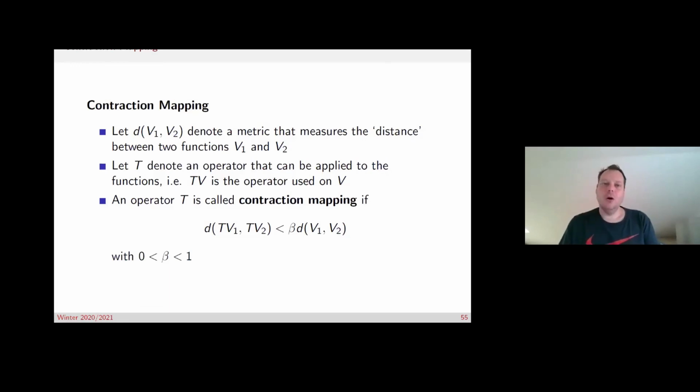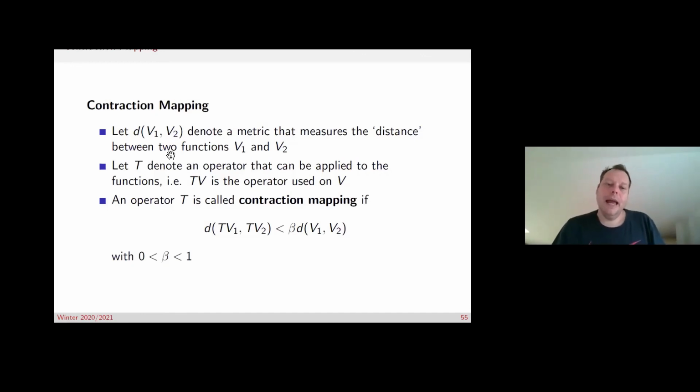So think of 2 functions, x to the power of 2 and x to the power of 8 or something. Then you have 2 functions, and the d is a metric that measures the distance. That could be a Euclidean distance or any distance metric that you might want to use.